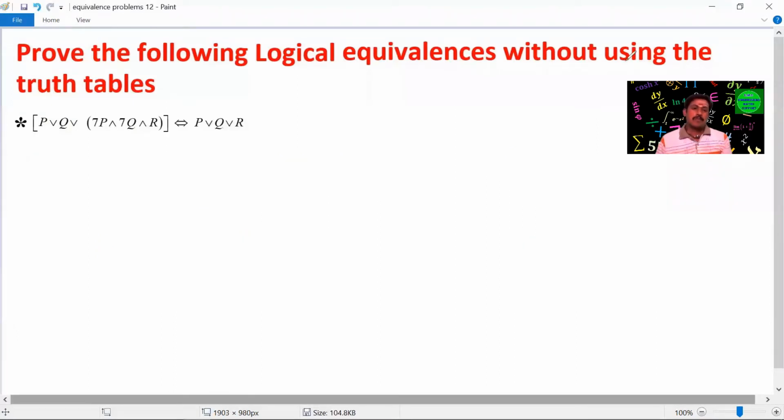Next problem: (P or Q) or (not P and (not Q and R)) is equivalent to P or Q or R. I'm going to consider the LHS, (P or Q) or (not P and (not Q and R)), that is equivalent to. First, we have to observe the bracket term and simplify it first.